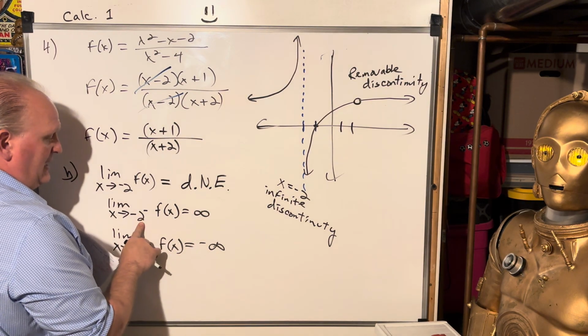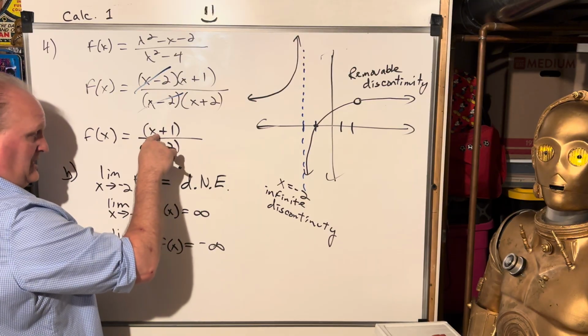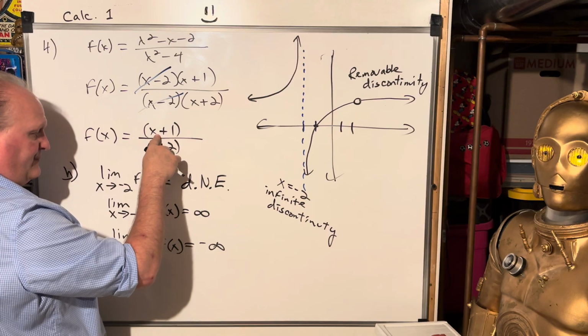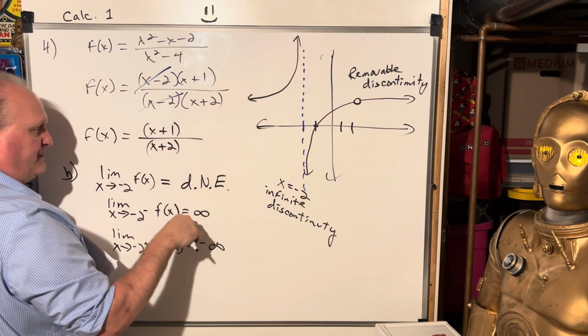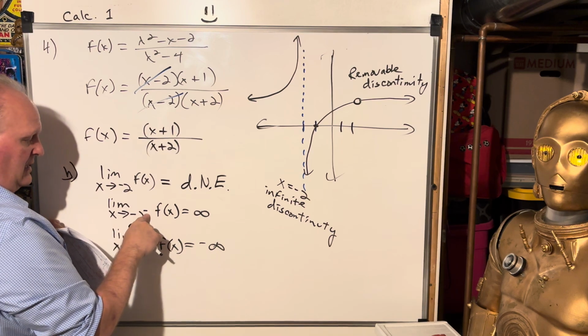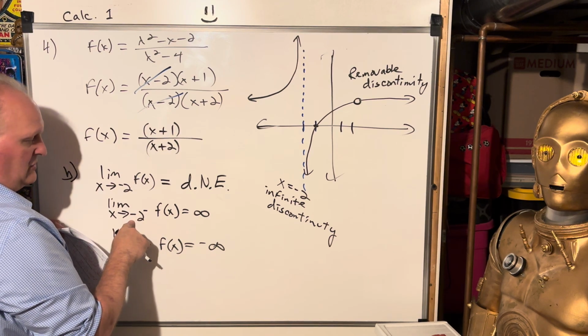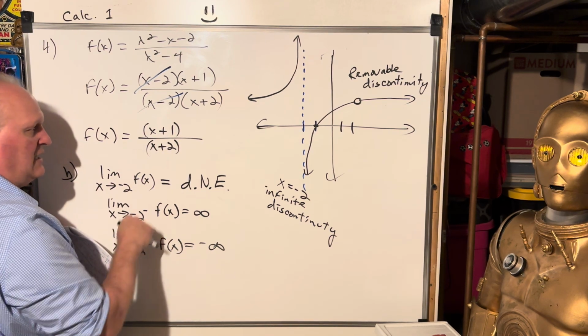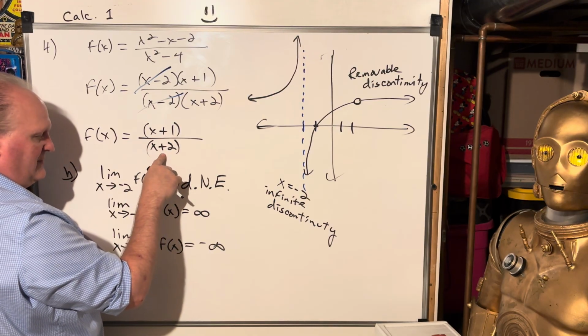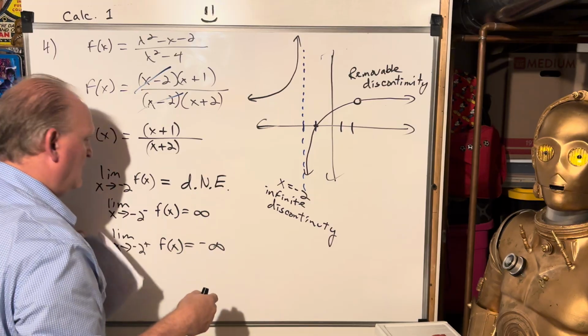If I was looking at it, we could go back up to here and do the little plus over minus thing, you know what I mean? So I could put in things just to the left of -2, so -1.9, we'll say. And so -1.9, that would be negative on the top, and that would be positive on the bottom, so that'd be negative overall.